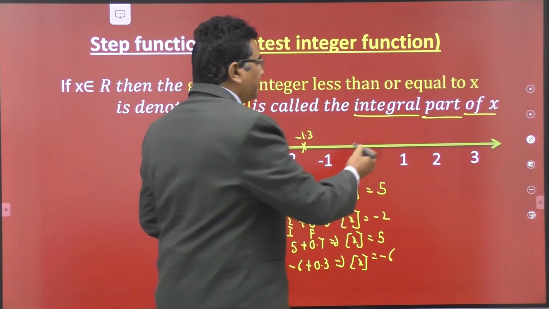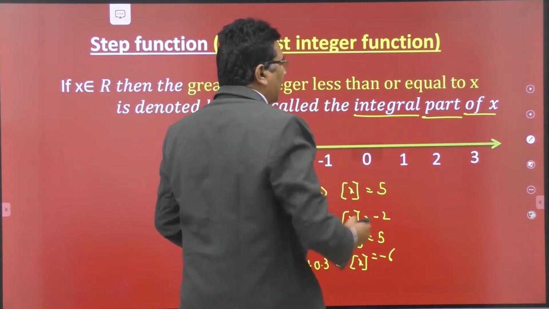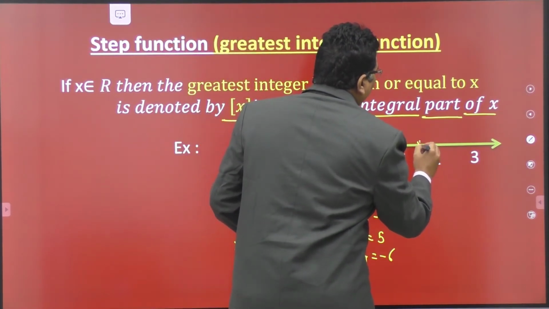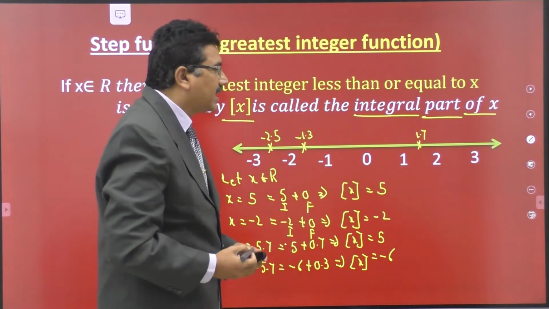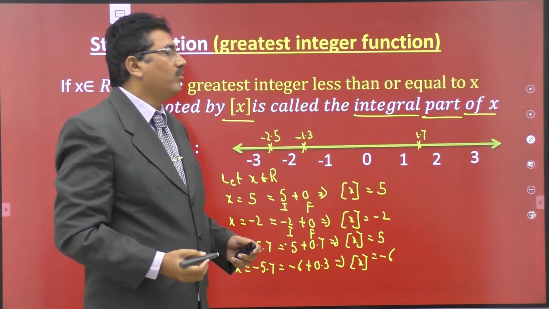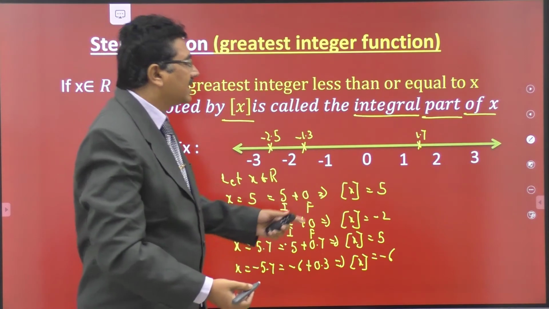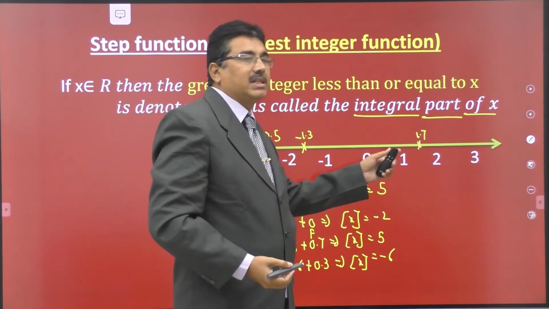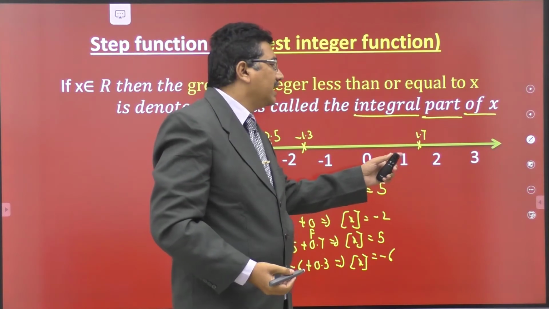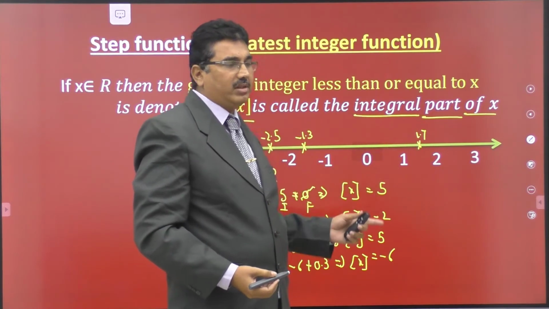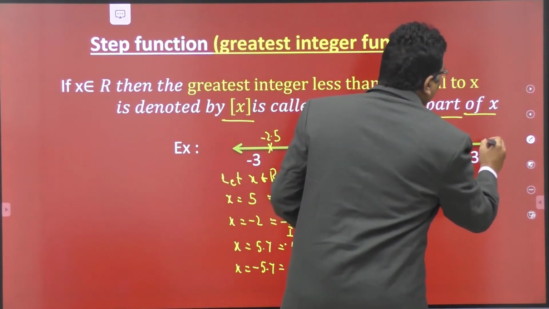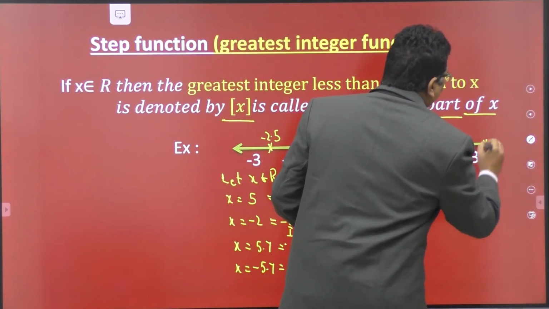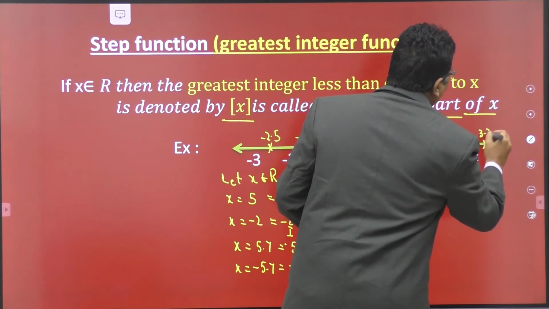Similarly, in positive real numbers, 1.7 is a real number. What is box of 1.7? Box of 1.7 is simply the immediate left integer. Right. Now, what is the integral part, or the box value, of 3.3?